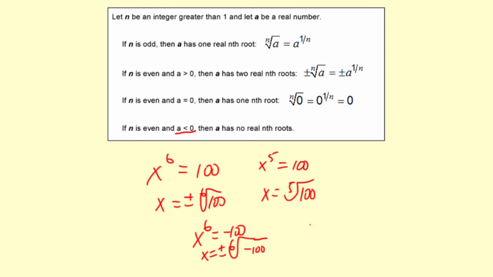But if you were taking the 5th root of negative 100, the 5th root of negative 100 is a real number. So you're taking roots of negative numbers. If it's an odd root, you have a real number solution. And if it's an even root, then you have 2 imaginary solutions. So that's the big picture.